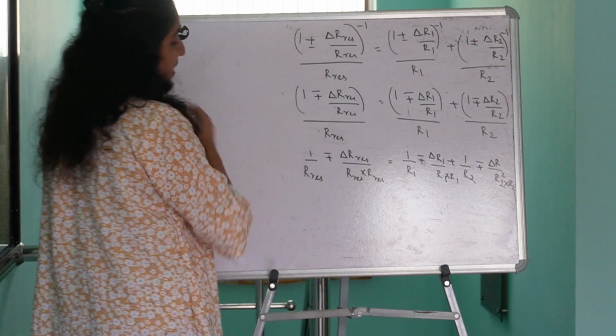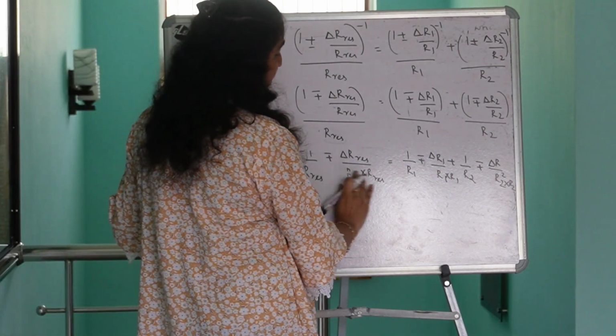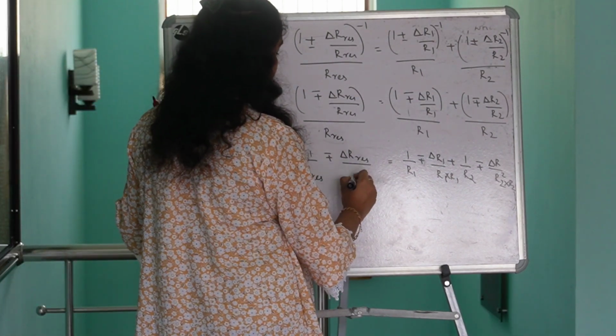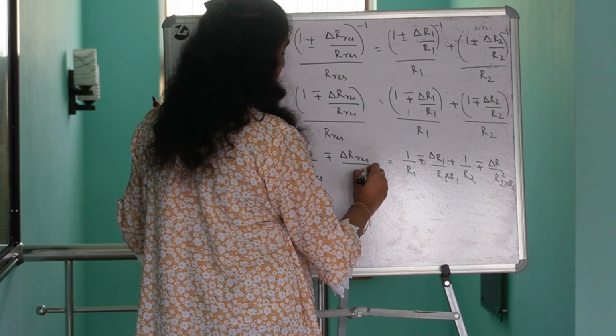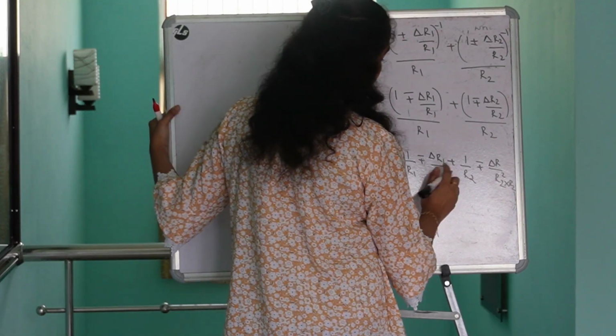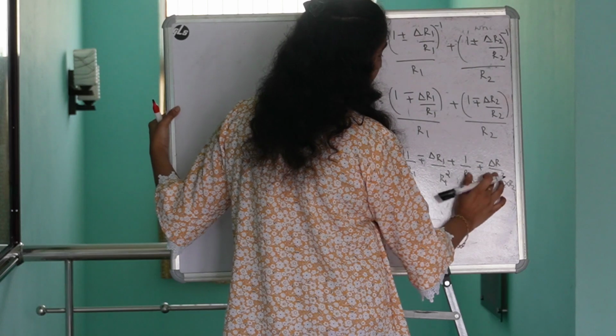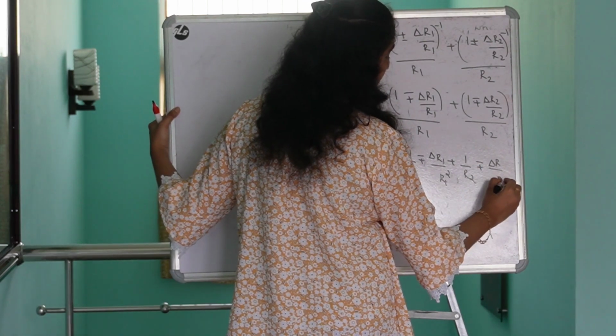So here we know R resultant is equal to R resultant square. So here I can write R resultant square, here also I can write R1 square, and here I can write R2 square.